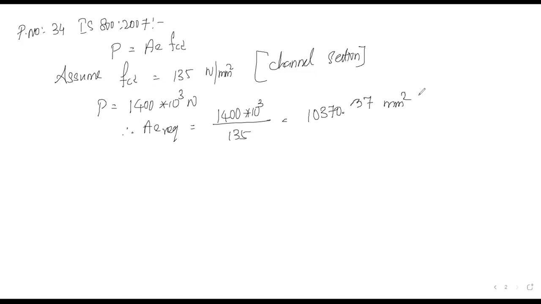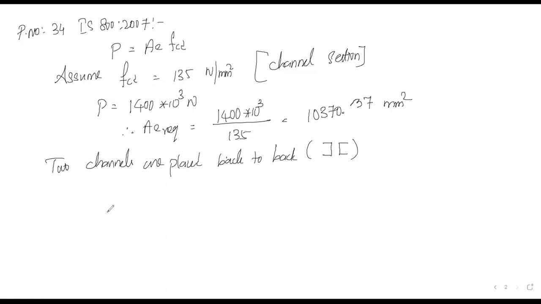mm square. So here two channels are placed back to back. They have given two channels are placed back to back. So what we have to do? The area has to be divided by 2.